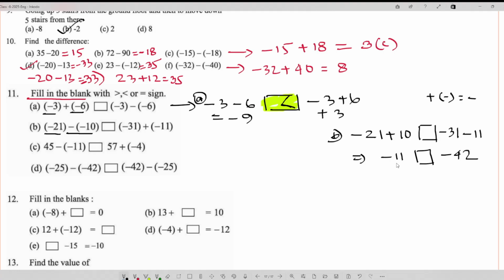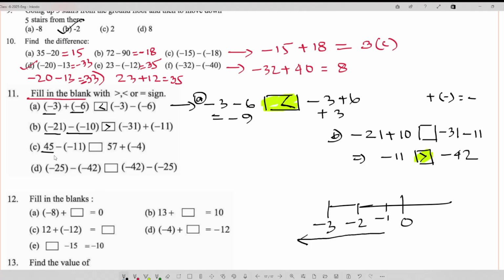Which one is bigger, minus 11 or minus 42? Like this is 0, here is minus 1, minus 2, minus 3. Once you go left more and more, it decreases. Therefore minus 11 is larger than minus 42. I hope you cleared this one. So the sign is like this.